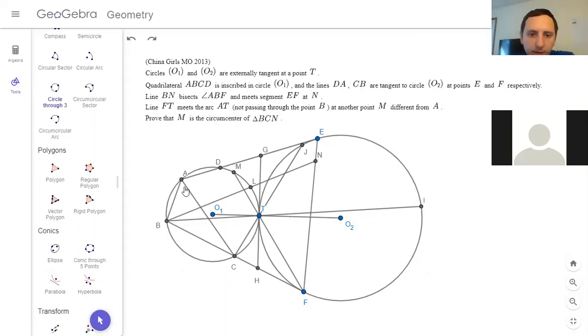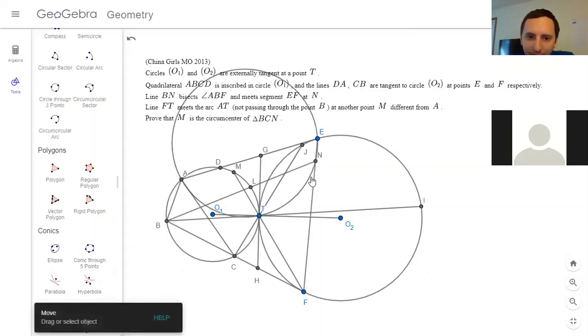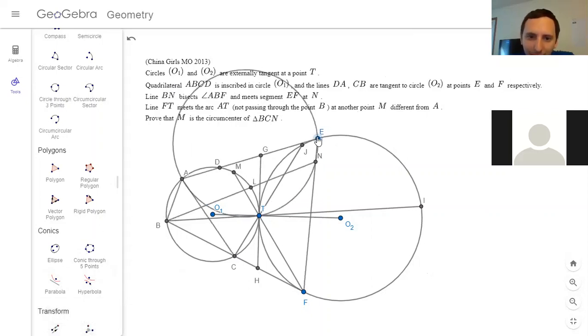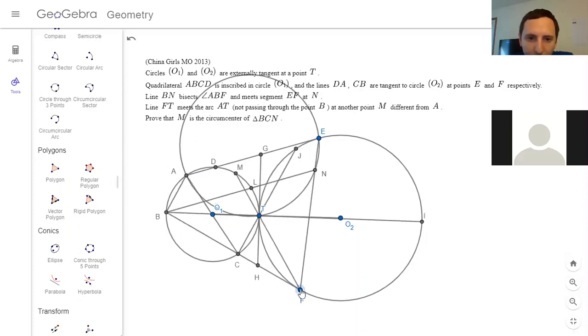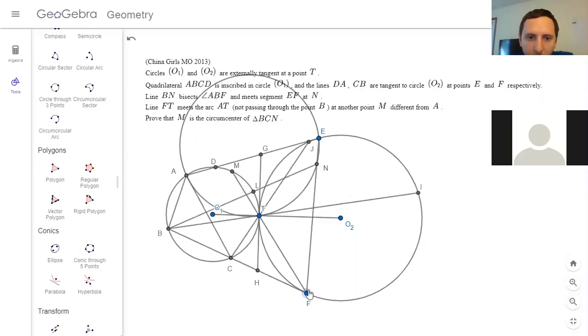Are A, T, N, and E cyclic? Yes. Good call. I missed that. Let's see why that's true. That's really interesting. So what made you think of that? Did you just sort of guess it?